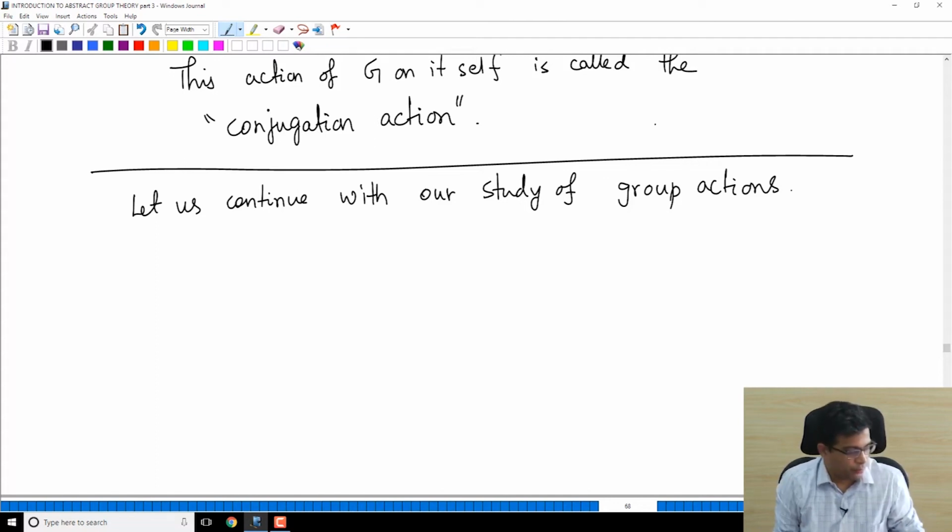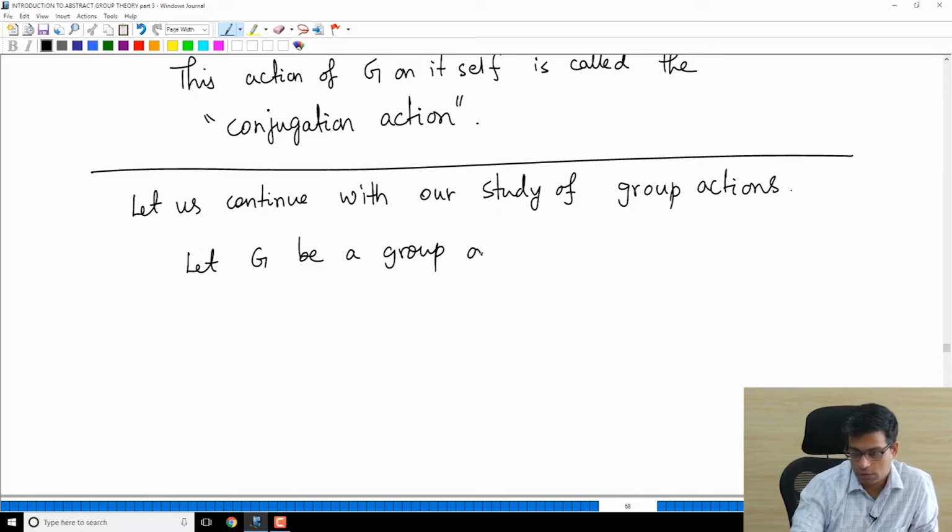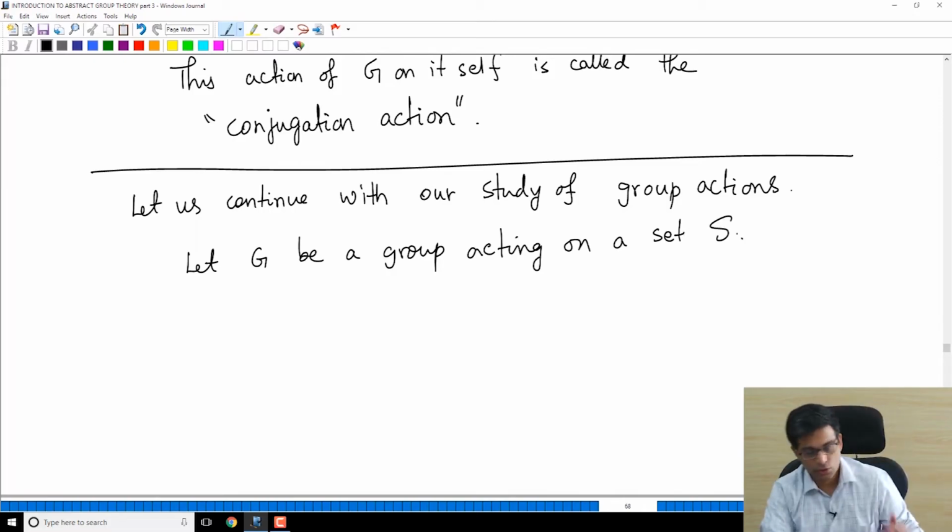So now there are some important things that we can attach to group actions, and they are the following. So the general situation is, let G be a group acting on a set S. G is an abstract arbitrary group, S is an abstract arbitrary set.